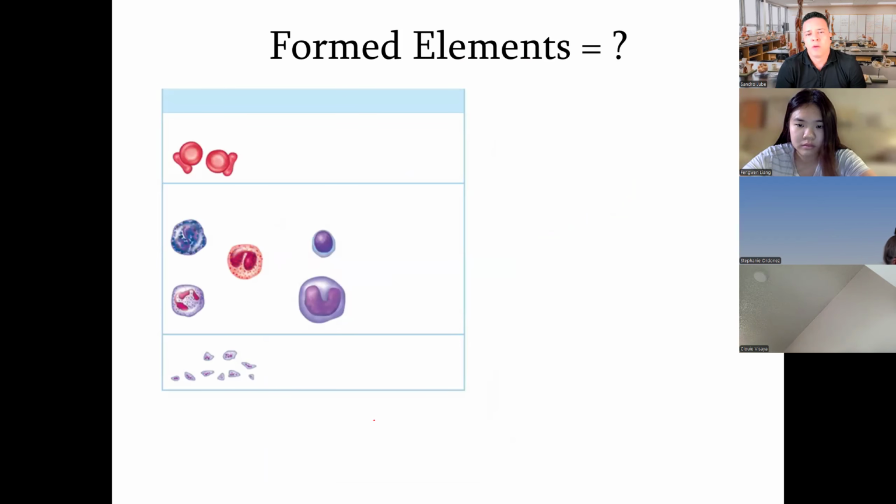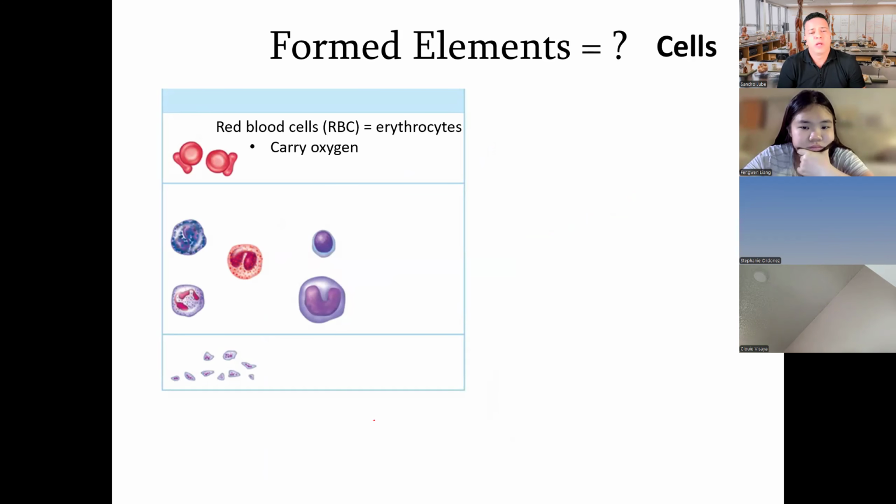All right, now what about the formed elements? Again, formed elements are the cells. What are the different cells we find in our blood? We're going to find the red blood cells, and the red blood cells are also what we call the erythrocytes. Now, erythro means red, cyte means cell. So these are the red blood cells.